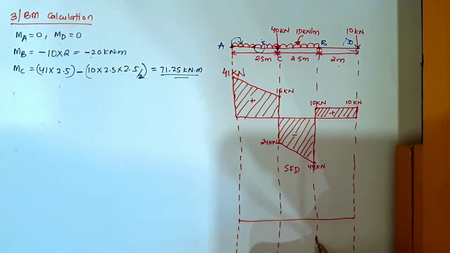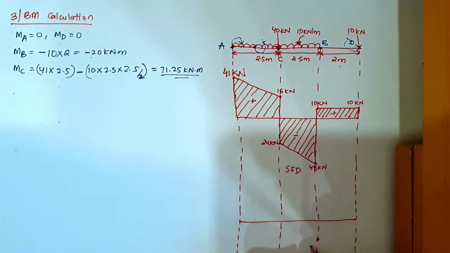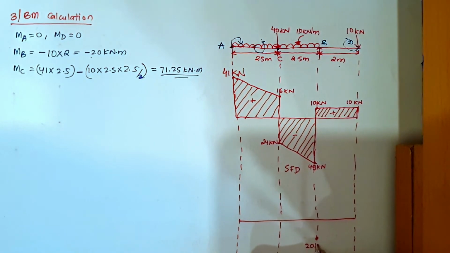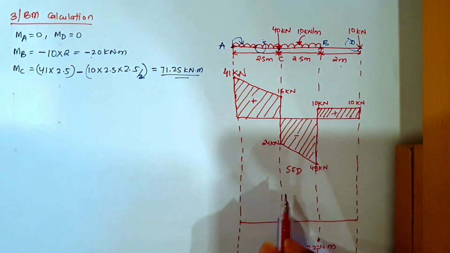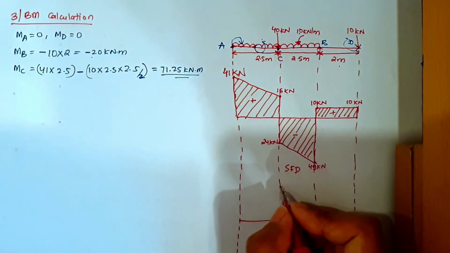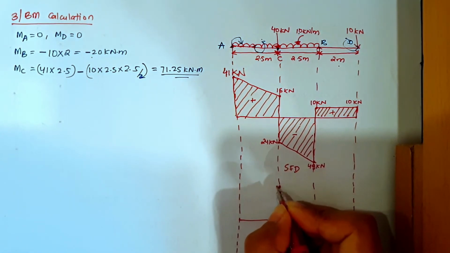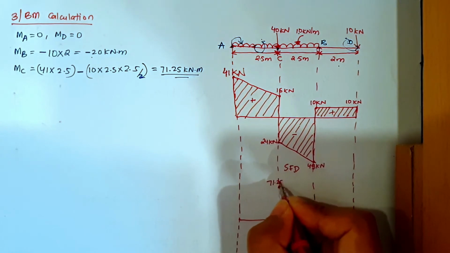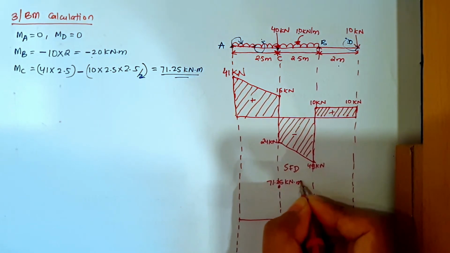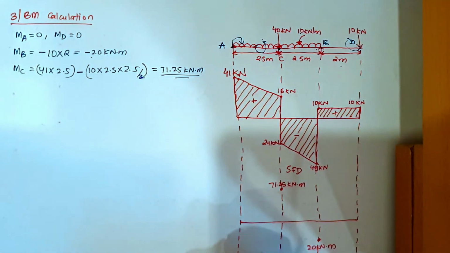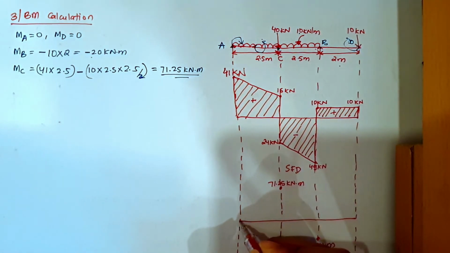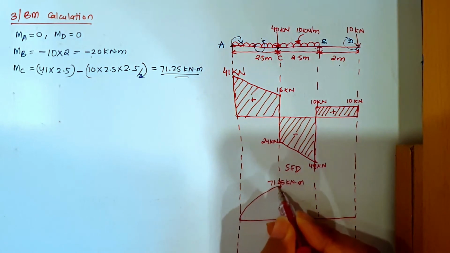So I have minus 20 here, B point पे, which is 20 kilonewton meter, and moment at C, this point it came 71.25. So this point is 71.25 kilonewton meter. Now यहाँ पर UDL है तो bending moment will be a parabola. So let's draw a parabolic line.